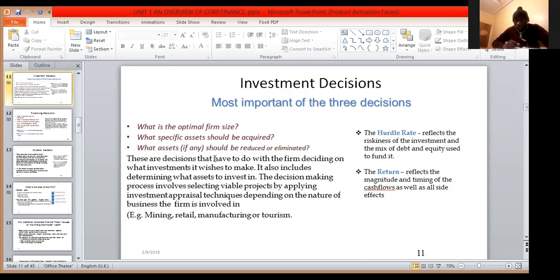If you look at a mining firm, when they are making investment decisions, they have their own issues to consider. You look at a retail firm, you look at manufacturing and tourism. So depending on the type of industry or business you are in, you have your own way of making investment decisions.